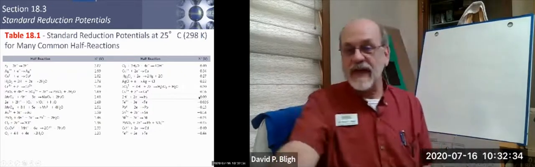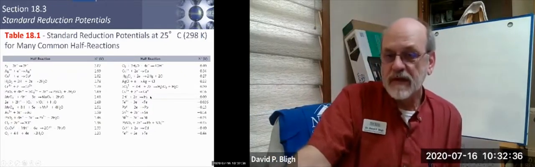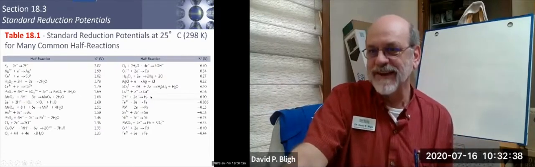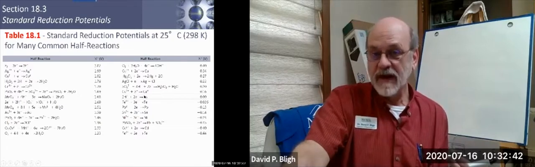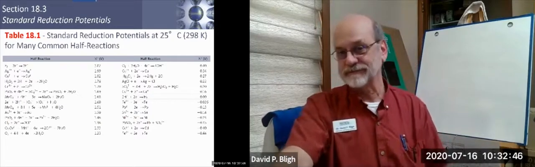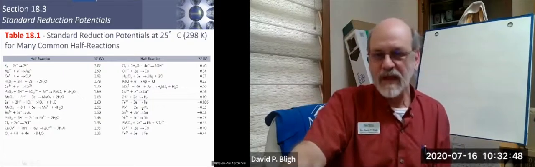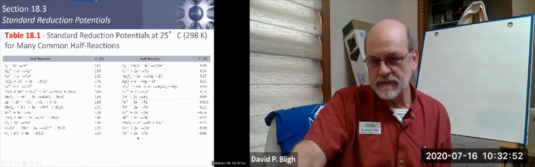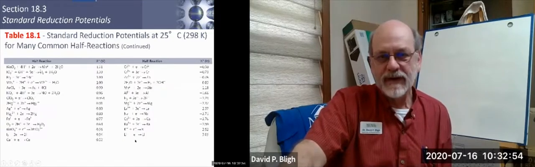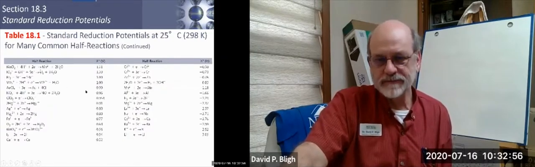So notice that if you flip this reaction, it's still 0, right? So the standard for the hydrogen electrode is 0, whether you run it as an oxidation or a reduction. And then down here, you get into negative voltages. Let's see, here's the rest of the table.